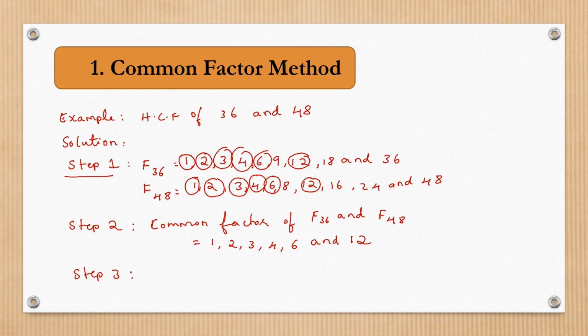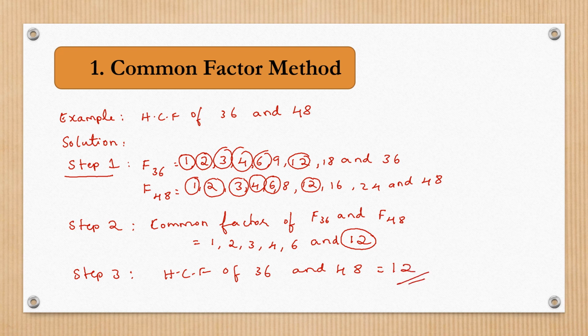So from step 2, which number is the highest common factor here? Can you see? 12. So HCF of 36 and 48 will equal 12.